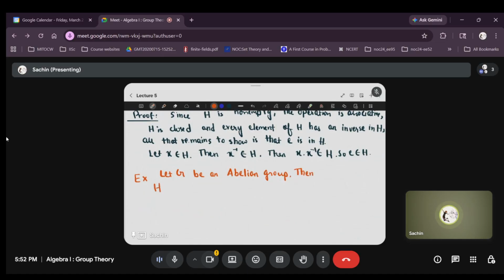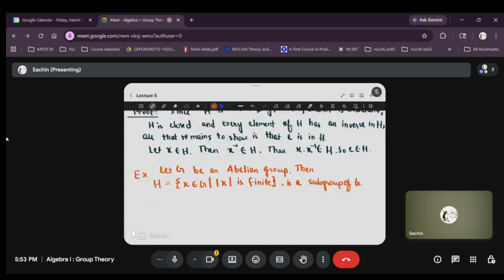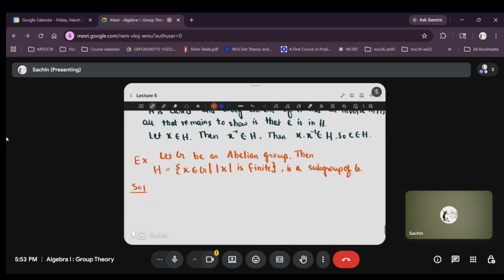Then H is the set of all x in G such that the order of x is finite. This is a subgroup of G. How do you solve this? Using the two-step subgroup test.